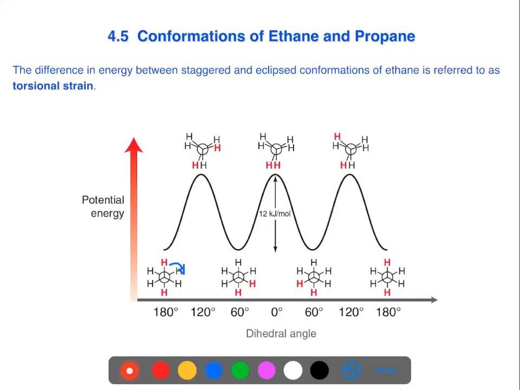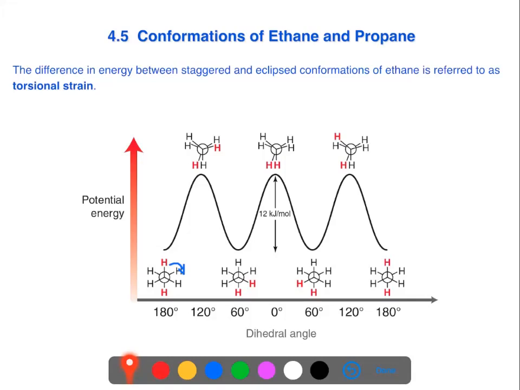And as you can see, when we go from the staggered conformation and rotate by 60 degrees, we end up with an eclipsed conformer. So we have an eclipsed conformer with a dihedral angle of 0 degrees, and this represents a high energy conformer. And so as shown, it's going to have a high potential energy. It's going to be the least stable conformation for ethane.